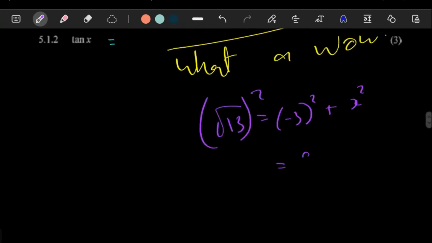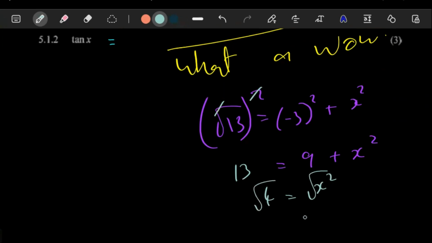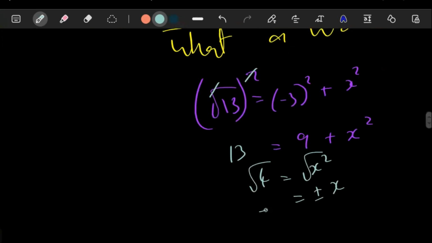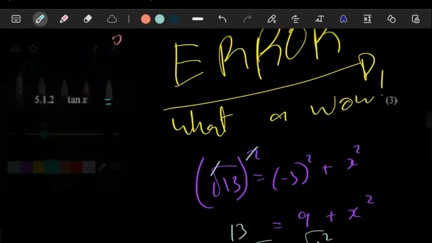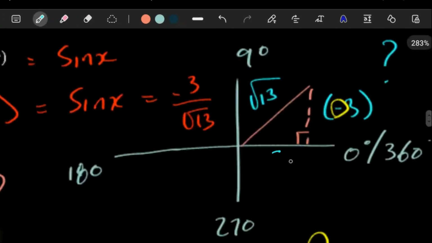You'd still get a 9, the square root cancels the square, you'd have 13. 13 minus 9 is 4. Square root both sides, x is plus or minus 2. But then things get weird, because we're already seeing negatives on the positive side, but I will take a positive 2 there.